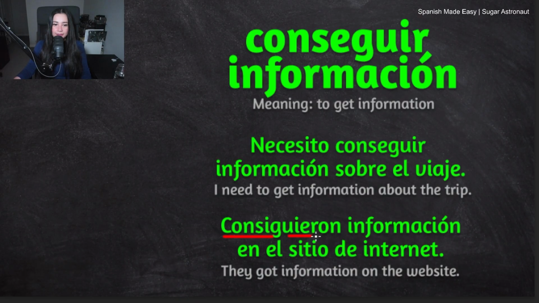Consiguieron. Ellos consiguieron. We don't have to say ellos, which means they, but we gotta say consiguieron, and that means they got. Okay? Then we have información, information.